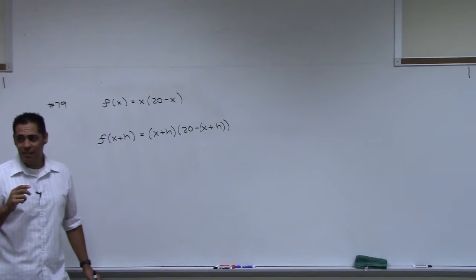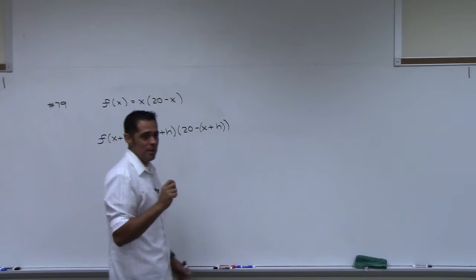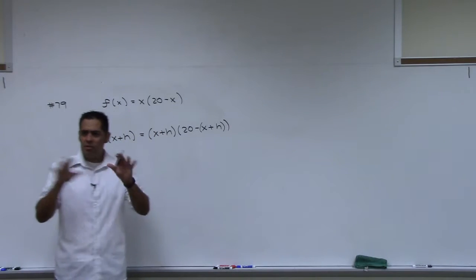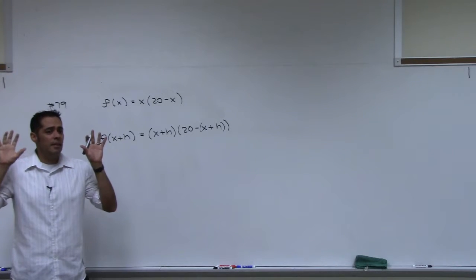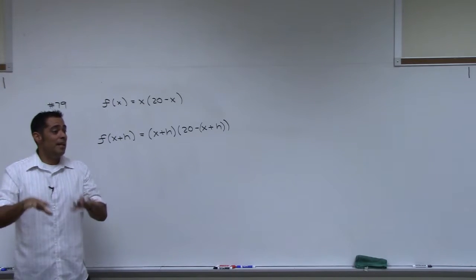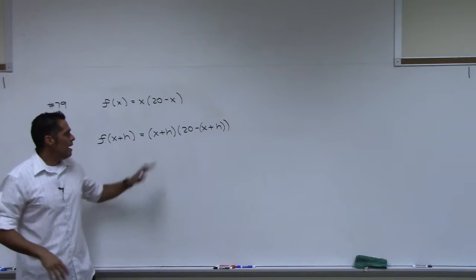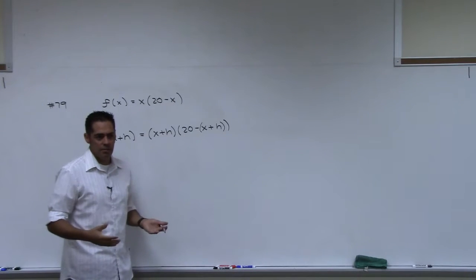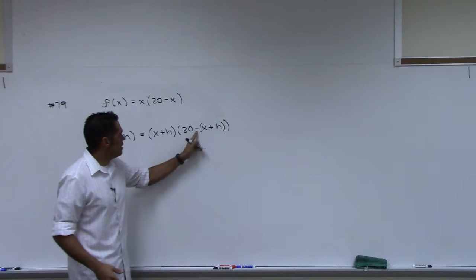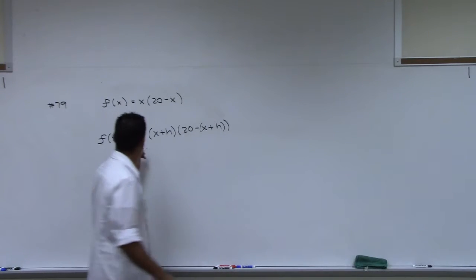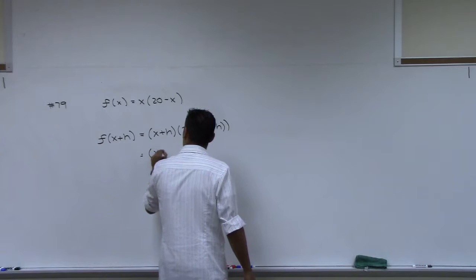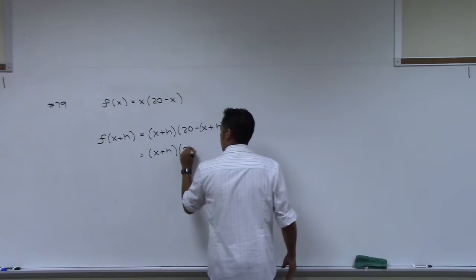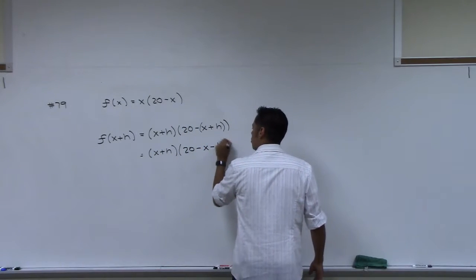Things will start canceling out, and everything that you have left should have an h in it. If I have everything trapped in parentheses, I'm never going to get things to cancel. So let's start by distributing the negative through: x plus h, and then 20 minus x minus h.